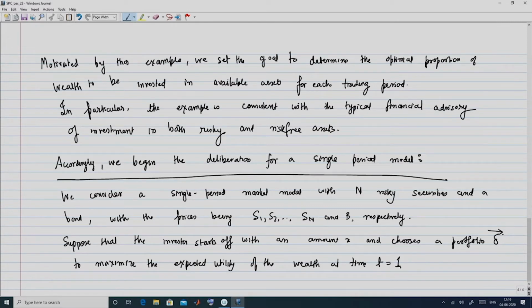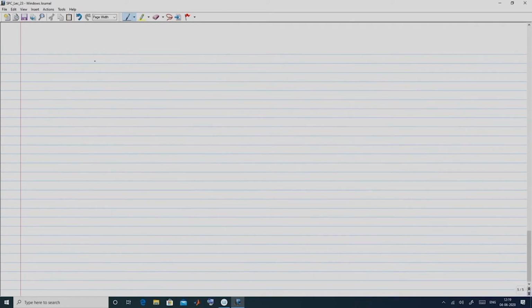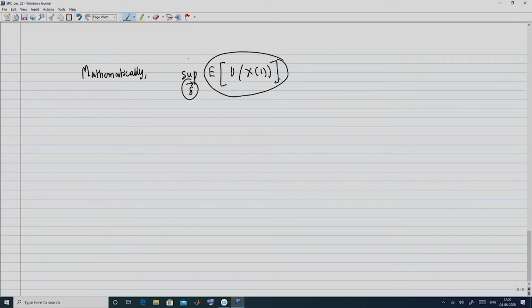Right. So, we are taking time t equal to 1 from time t equal to 0 because, as I have said, this is for the single period model. So, mathematically what is this going to be written as? In concrete mathematical terms, this means that you are trying to find the supremum or the maximum to determine what is the best delta such that you achieve the maximization. So, figure out what your delta is so that the expected utility at time 1 is maximized, or you obtain the supremum.